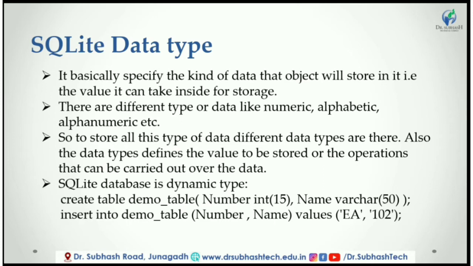In the above example we define the data type of number as an integer and name as a varchar. In the second line we inserted a character value in number and a number in name using the insert command. This query will run without any error because the SQLite engine allows flexible typing, and usually tries to automatically convert values to the appropriate data type.